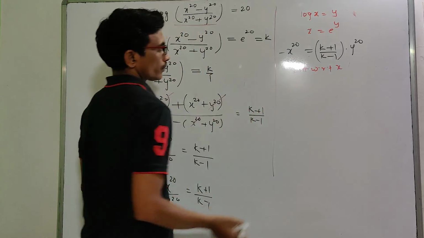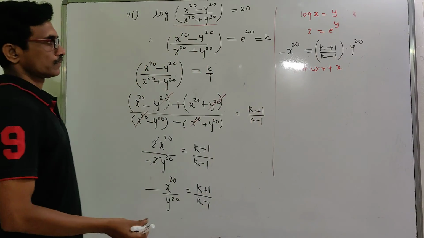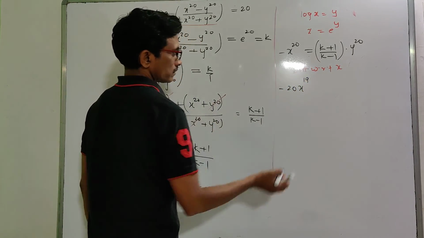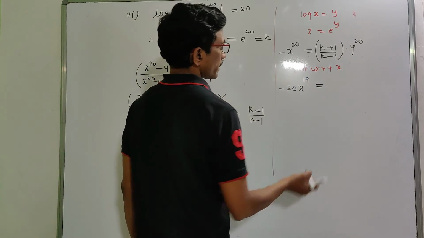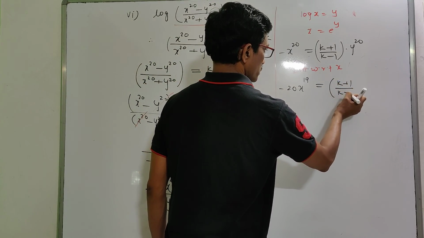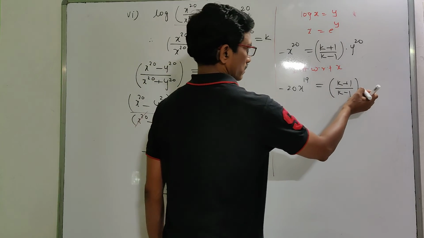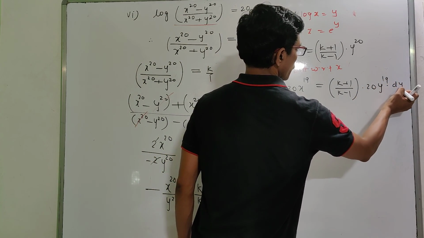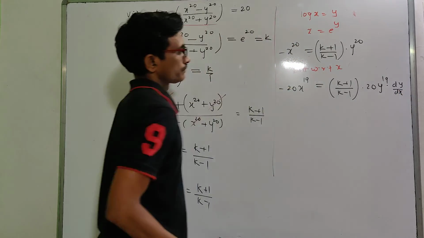Differentiating with respect to x, this is minus 20 x to the power 19. Right hand side is (k plus 1 upon k minus 1) into 20 y raised to power 19 into dy by dx.